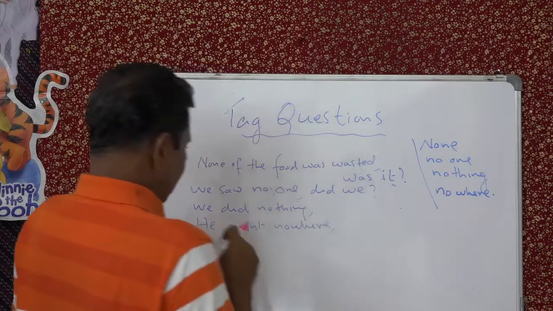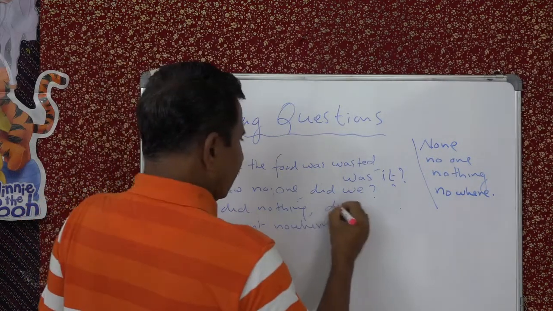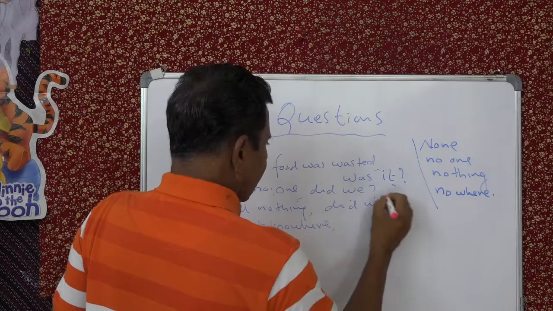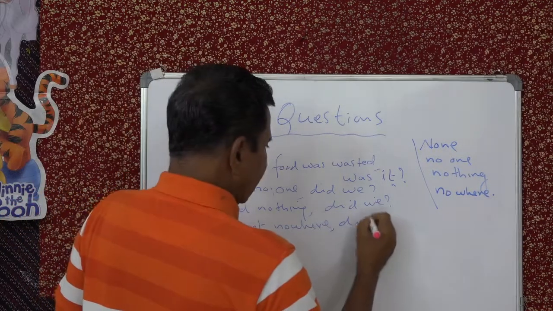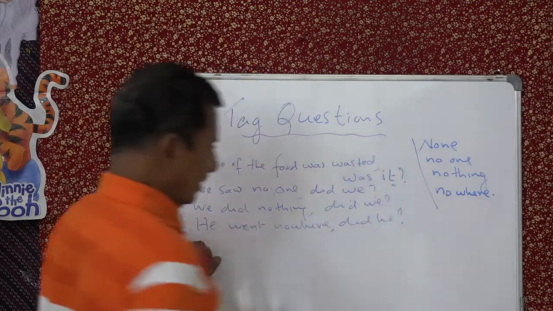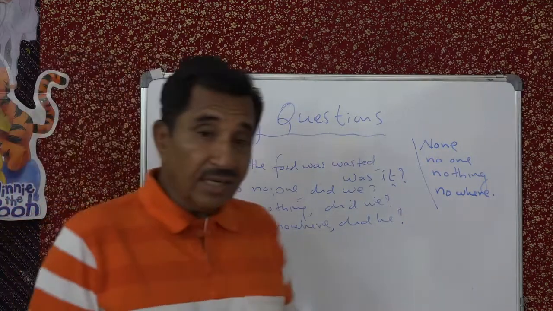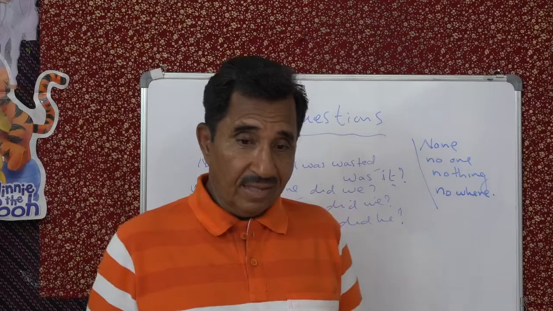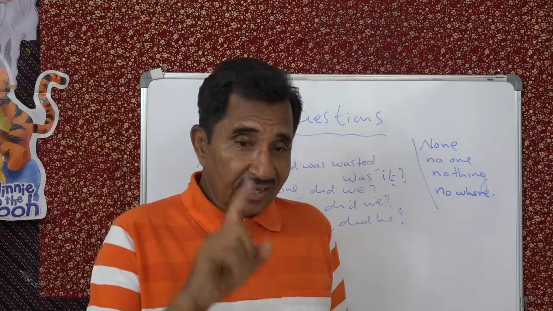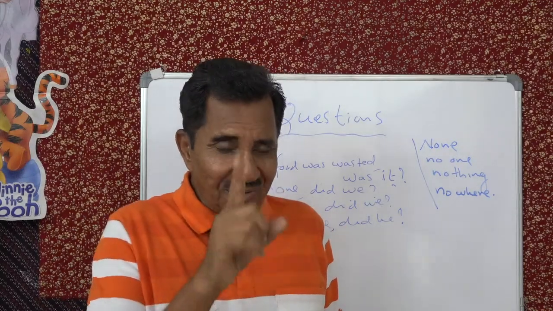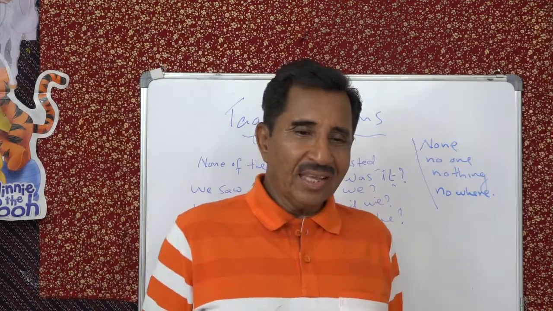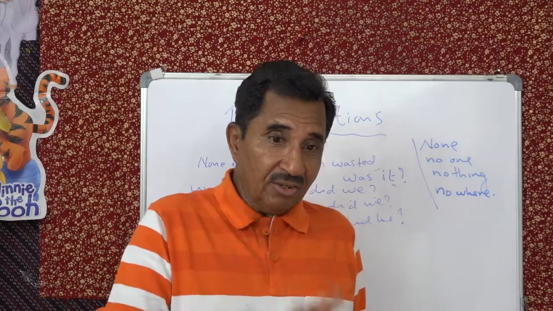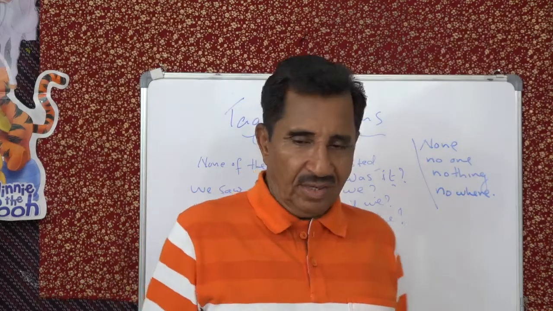We did nothing, did we? He went nowhere, did he? Not necessarily that he did not go anywhere, but you can be caught like this. I have been caught just now. So, negative meaning takes the positive tag.